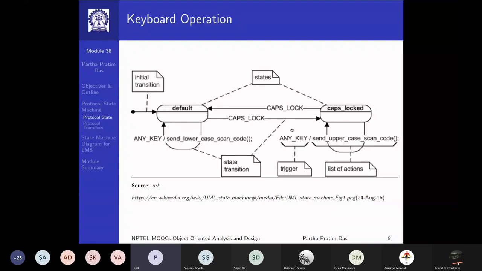But here the transitions say everything very explicitly: how you make the transition on caps lock, on toggling that caps lock. What happens when you press any key? Any key is the trigger, and the behavioral action is send lowercase scan code.